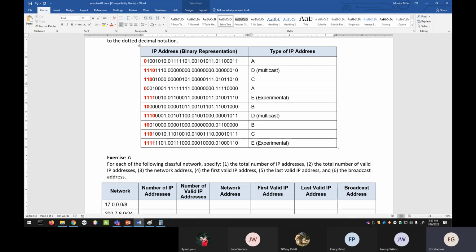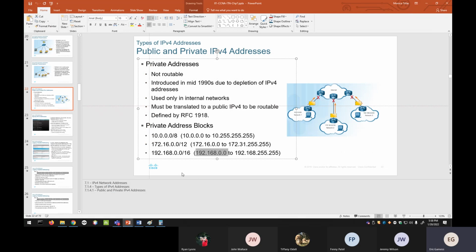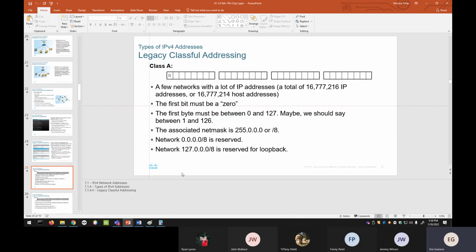Remember that for multicast and experimental, we don't talk about net mask. We talk about net mask in A, B, and C, but never for experimental or for multicast. If I go back to the slides, look here, they say the default mask is this one.